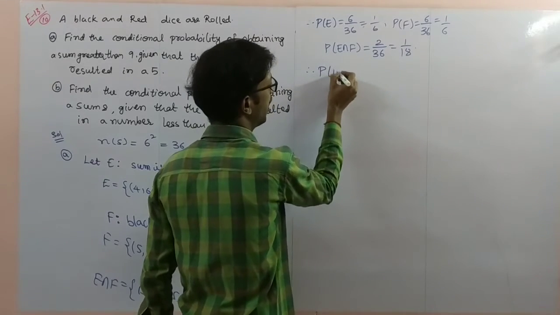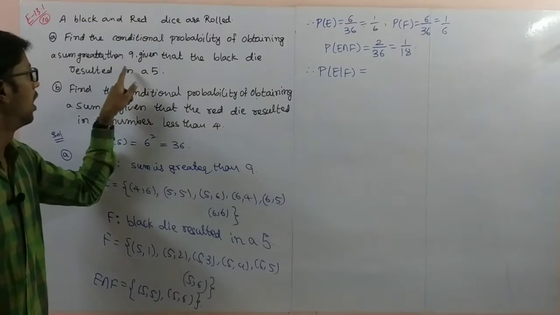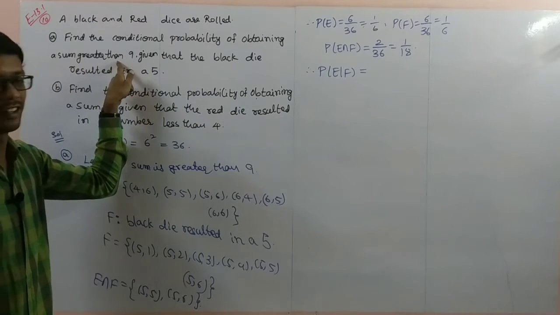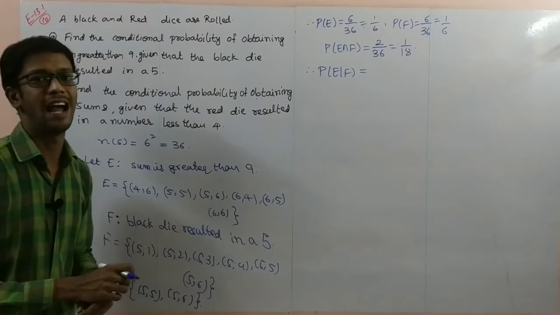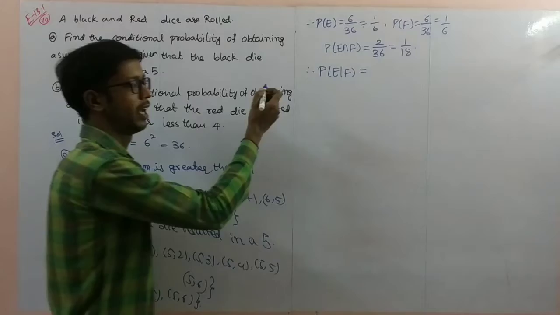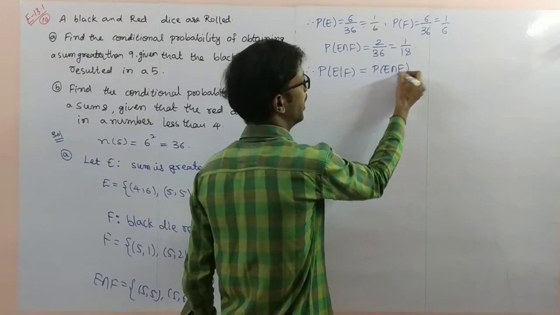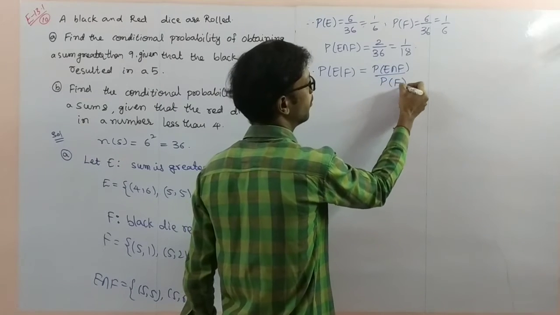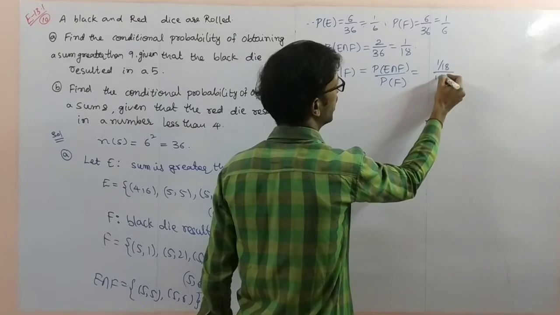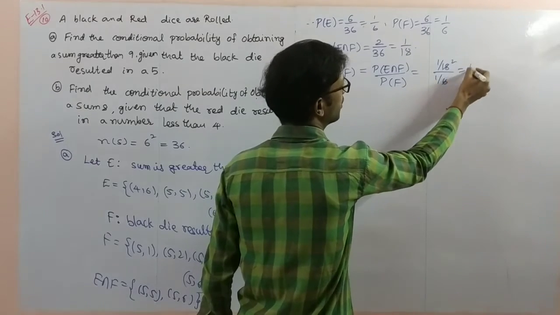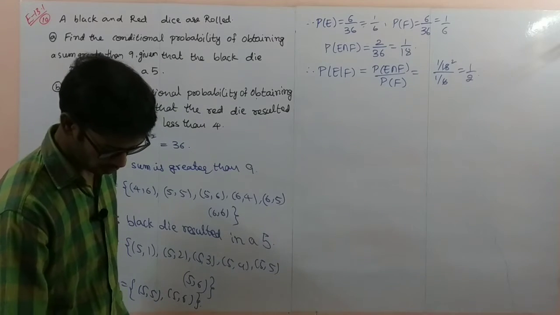Therefore, probability of E by F, obtaining greater than 9, given the black die resulted 5. So P of E by F is P of E intersection F by P of F, equal to 1 by 18 by 1 by 6. After cancellation, you will get 1 by 3.